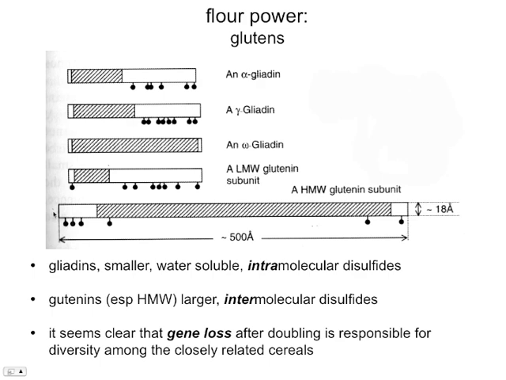It's not so important to think about the relative size of those, but what's more important to remember is that these cysteines that we see cropping up at the beginning and the end of this high molecular weight glutenin can form intermolecular disulfides, that is to say, disulfides between different glutenin molecules. So yes, we have a big long glutenin molecule, but now with the ability to form these disulfides, we can effectively increase the size of that gluten molecule enormously.